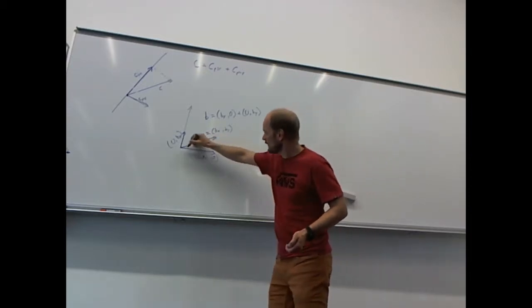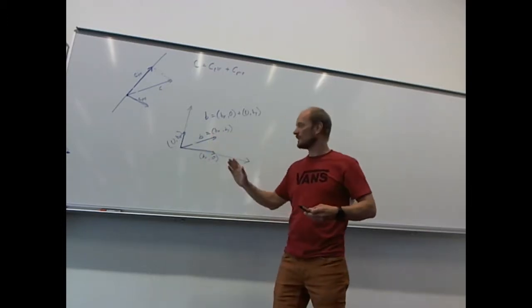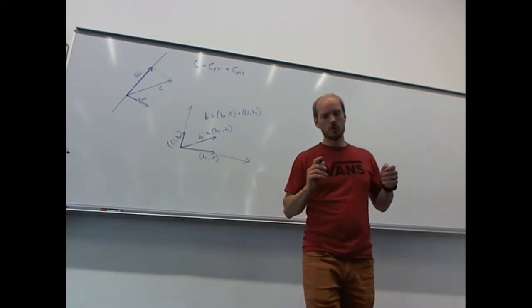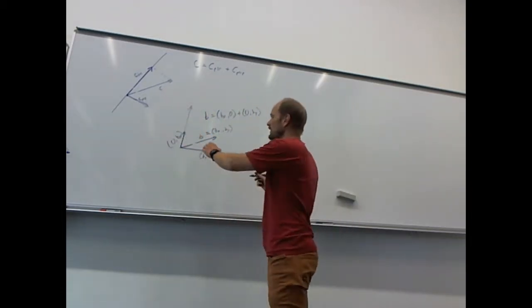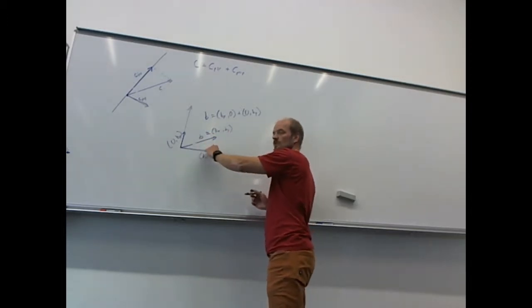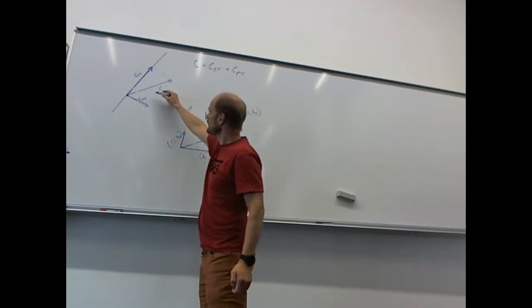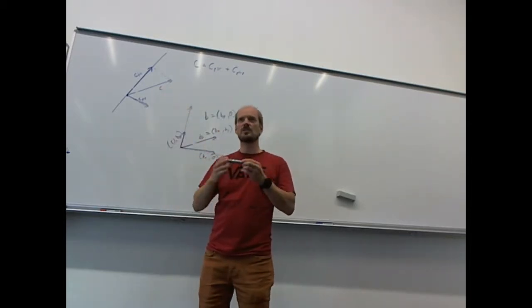Also I can say this vector here is the projection of B onto the x-axis, and this vector is the projection of B onto the y-axis. So what I'm doing here is I'm just expanding this idea. We know how we can split a vector up into its x-coordinate and its y-coordinate. I'm going to expand it and say it doesn't have to be just the x-axis and the y-axis.